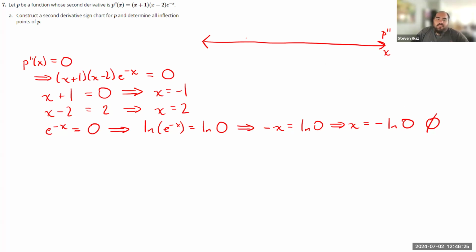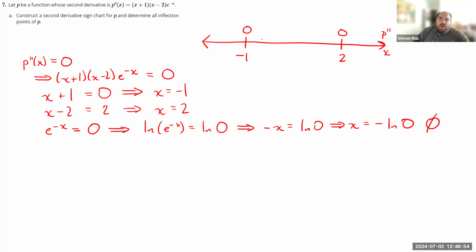I have 2 places where the second derivative is equal to 0. That's -1 and +2. So now, one thing I want to make explicit here is after you've found where the second derivative is equal to 0, not only have you found those points, you've also shown that the second derivative is equal to 0 nowhere else.